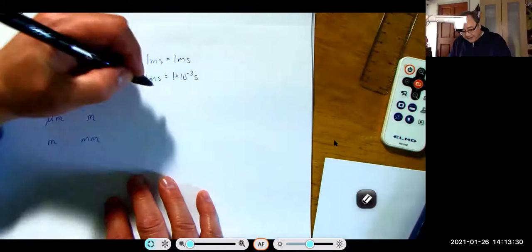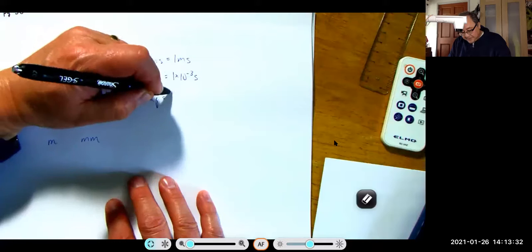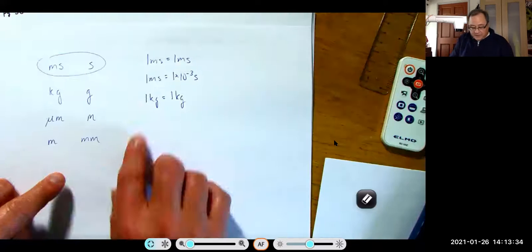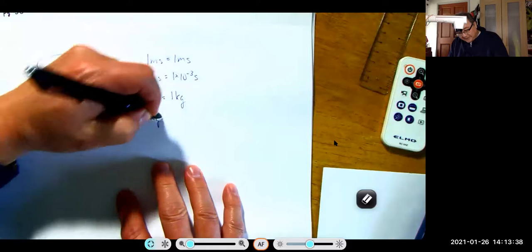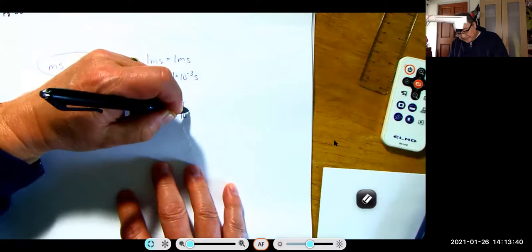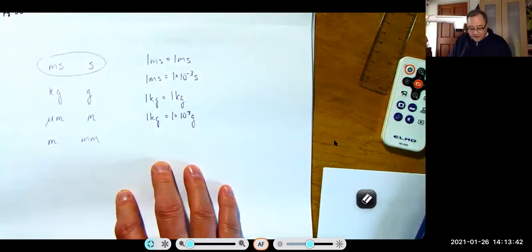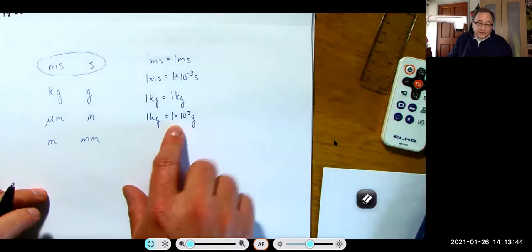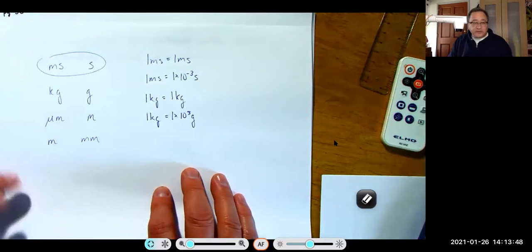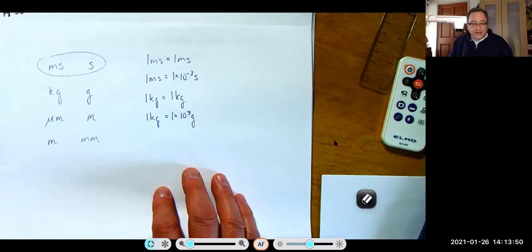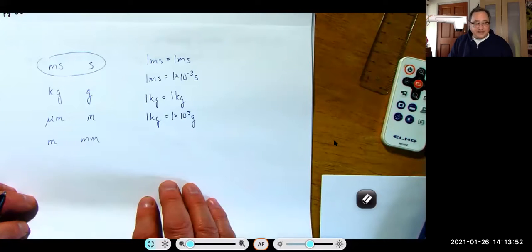And the same for the kilogram and the gram. I start off with 1 kilogram equals 1 kilogram. Then I get rid of one of the K's. And if you memorize what K means, then you've got a conversion. So there's a way to get each of these conversions by using your noggin instead of just memorizing things.